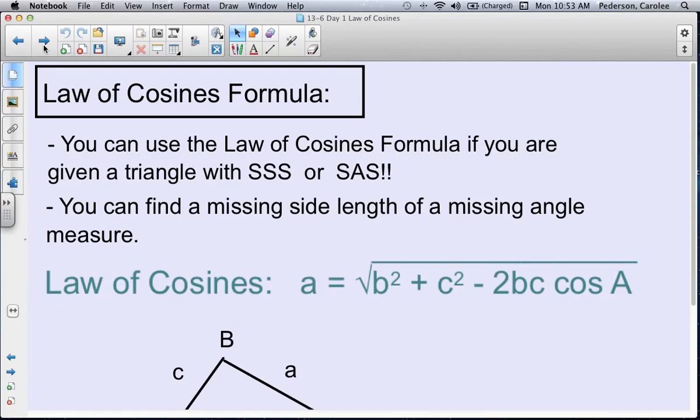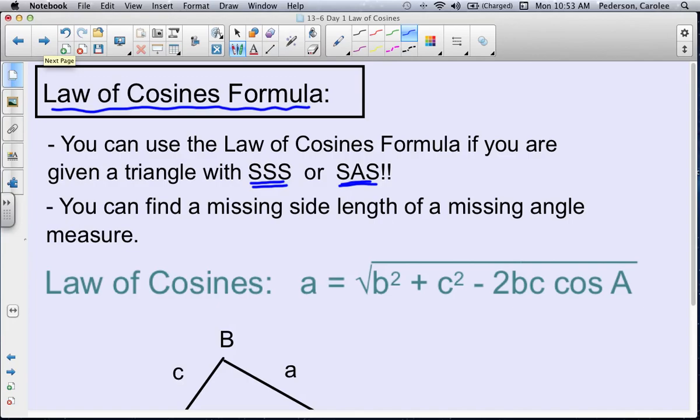Here's our formula in the green here. You use the law of cosines when you have a side, side, side triangle or a side, angle, side triangle. So go ahead and write: the law of cosines is for side, side, side or side, angle, side.